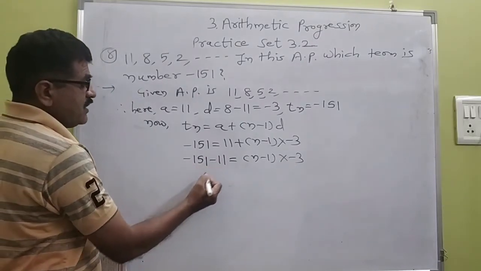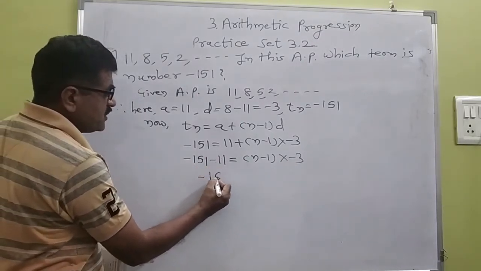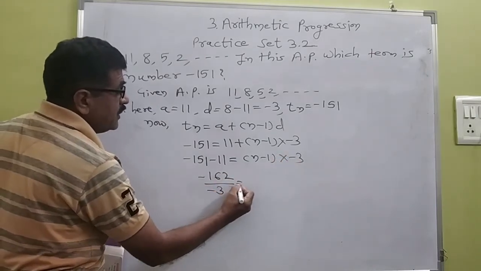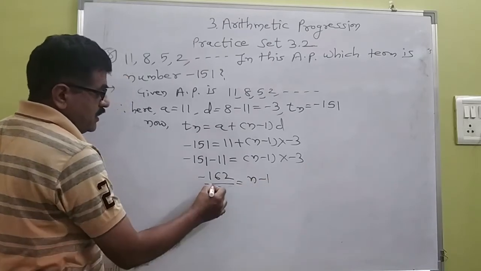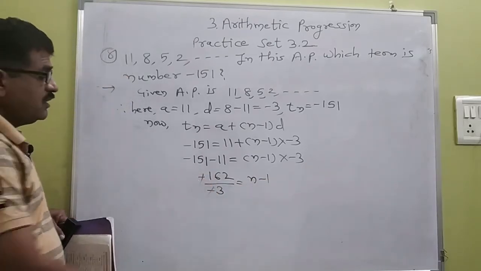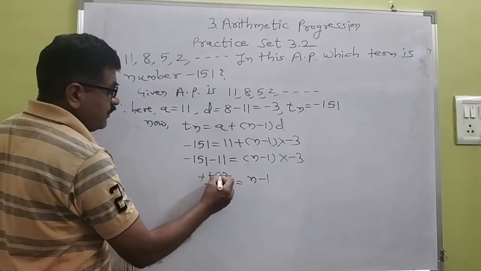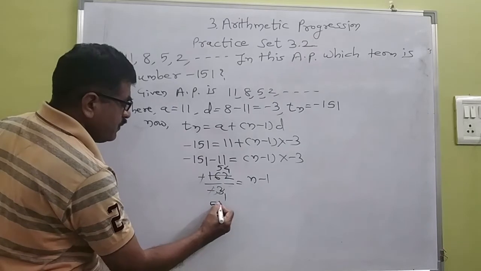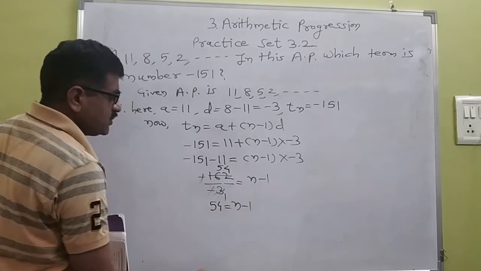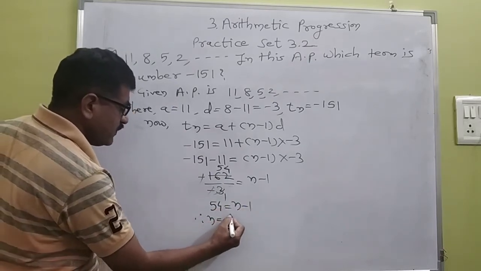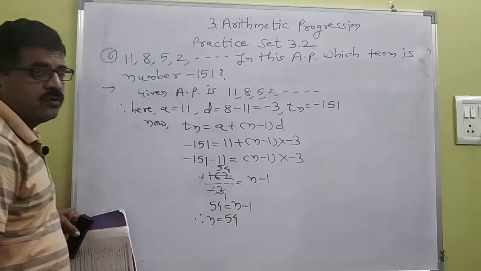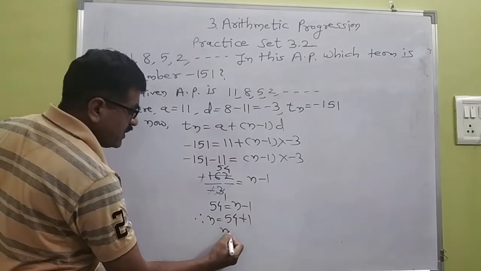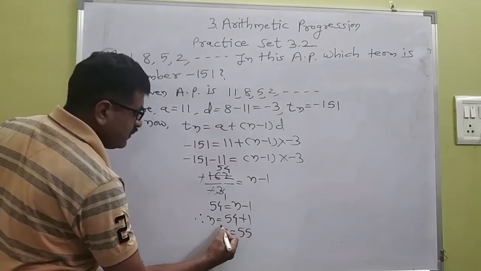Minus 151 minus 11 is minus 162, divided by minus 3, is equal to n minus 1. Minus minus gets cancelled. Dividing by 3, we get 54. So 54 is equal to n minus 1. Therefore n is equal to 54 plus 1, that is n is equal to 55.